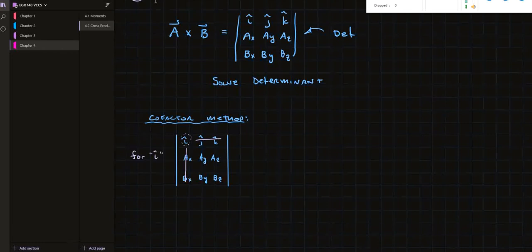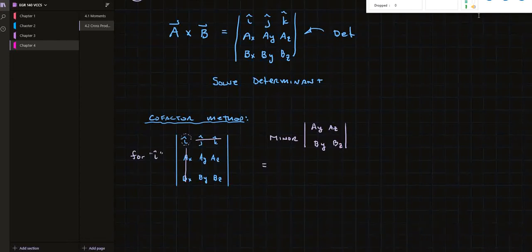Okay, so in this case, our minor matrix that got created is this matrix, and we will need to find the determinant, and solving the determinant for a 2 by 2 is a pretty simple process. We'll go through that. So our first term that we're going to get is the I term.